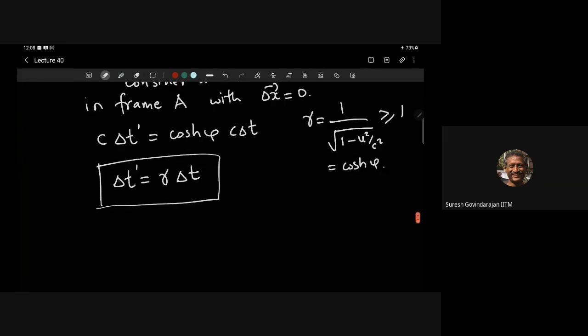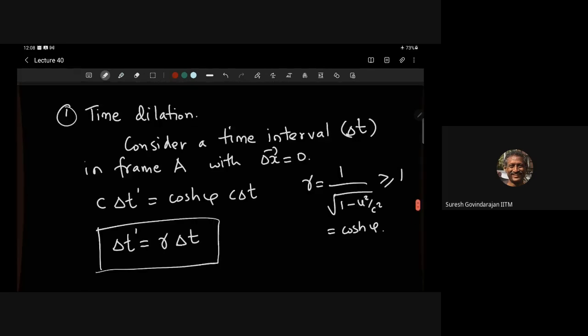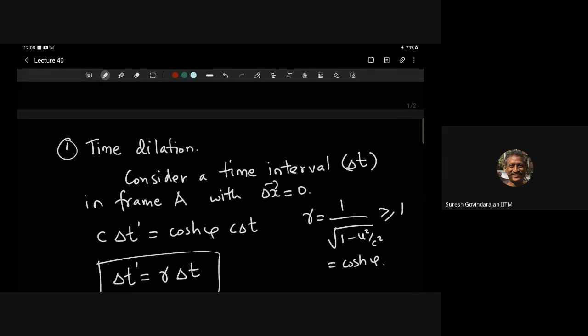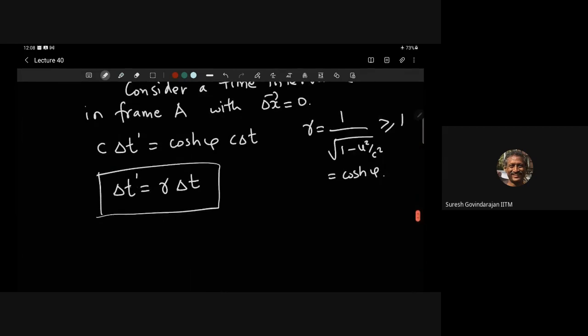What this says is that if you have a time interval in frame A, the same time interval will be expanded by a factor, so it dilates. So gamma is a dilation factor.